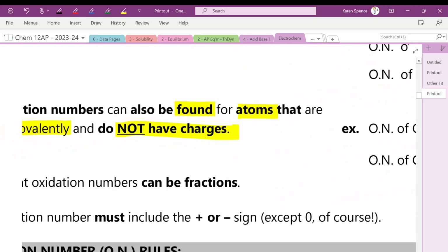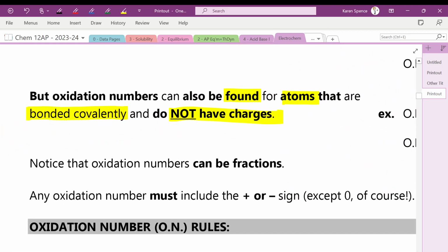So when you have an oxidation number, a couple things I just wanted to make sure you know before we start going crazy on them. They can be fractions, and they must include the positive or negative sign, except if you have 0. So if it is positive, you must write positive. You can't just write 6. If it's +6, it's +6.